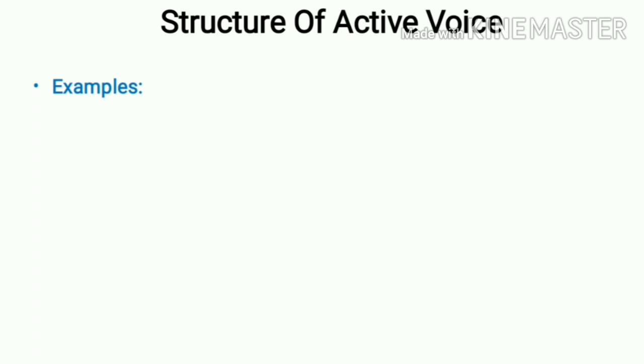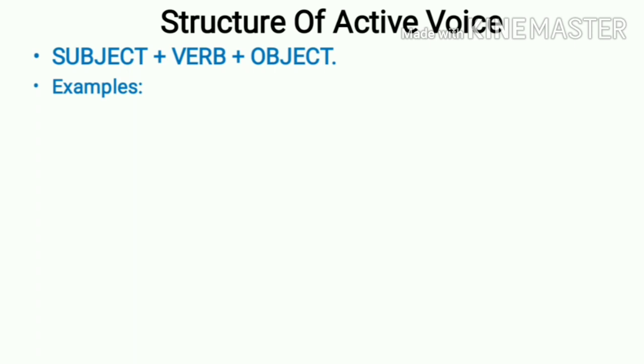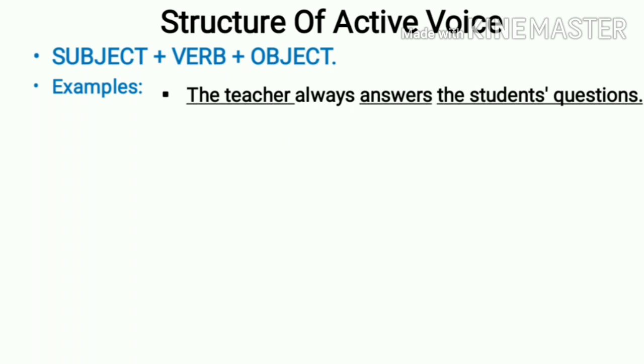Now let us discuss the structure of active voice. The structure of active voice is: it begins with subject, subject is followed by verb, verb is followed by object. Now, the teacher always answers the students' questions.